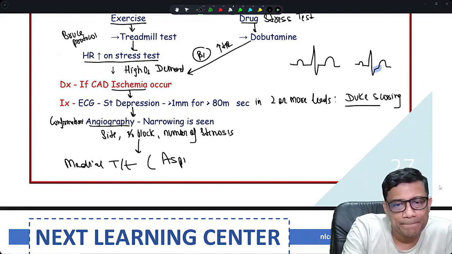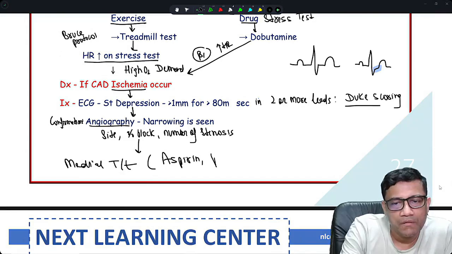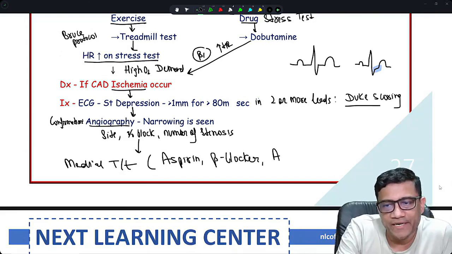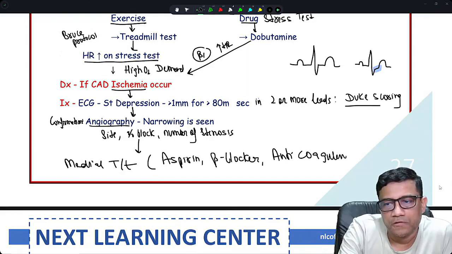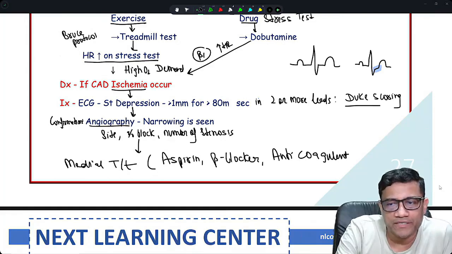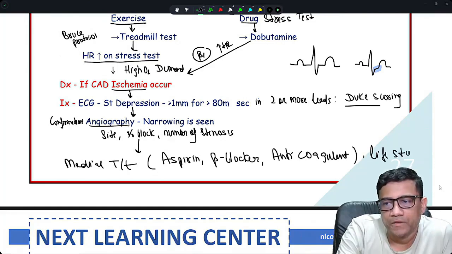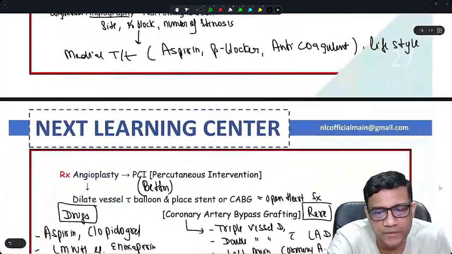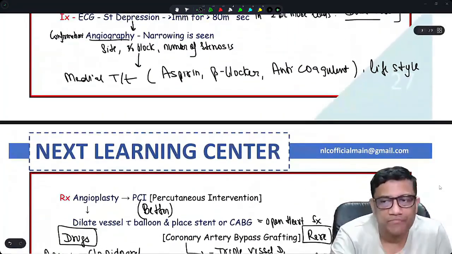Aspirin, beta blockers, then anticoagulants. Also important is lifestyle modification.